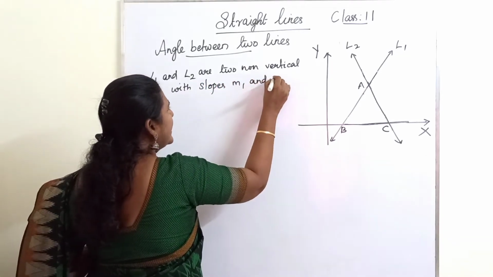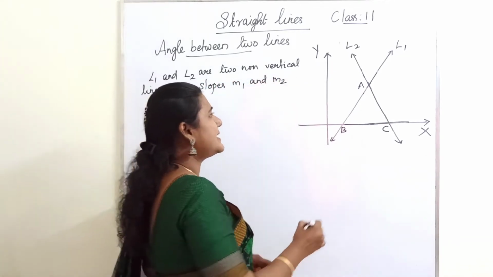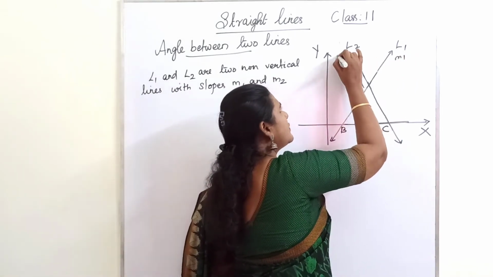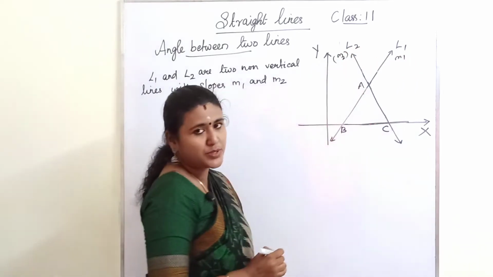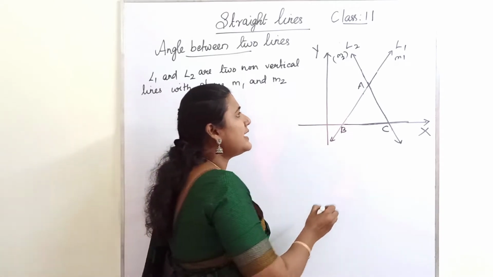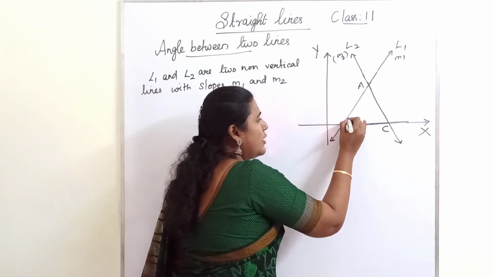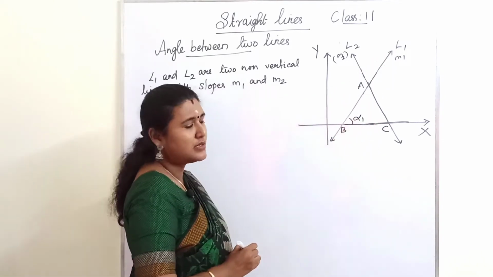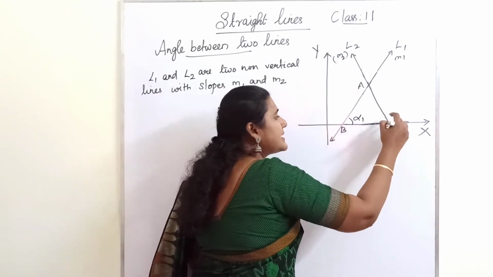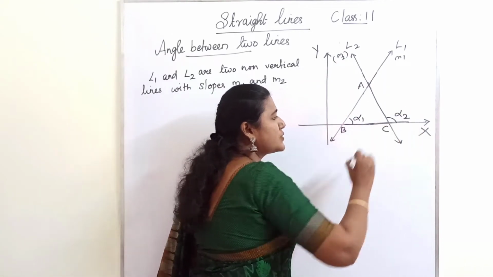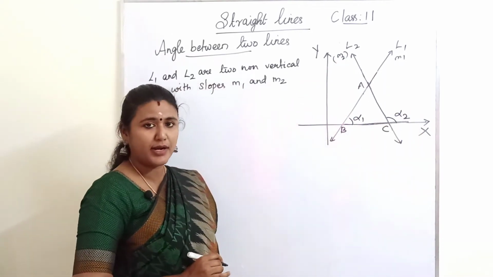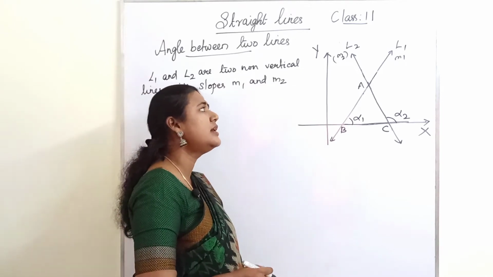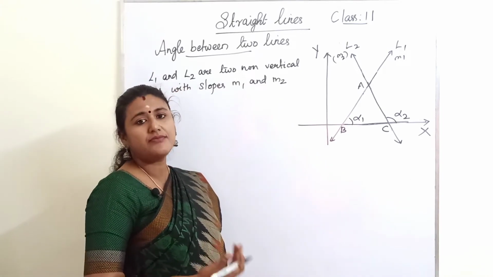We will denote the slope of the first line as m1 and the slope of the second line as m2. If the inclination of the first line L1 is alpha 1 and the inclination of the second line is alpha 2, then alpha 1 and alpha 2 are the inclinations made by these lines with the x-axis.